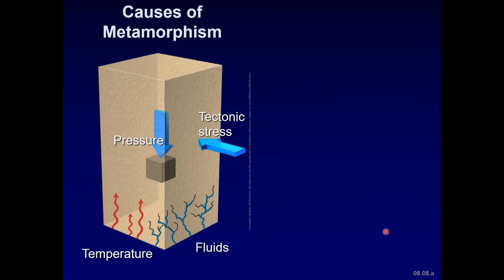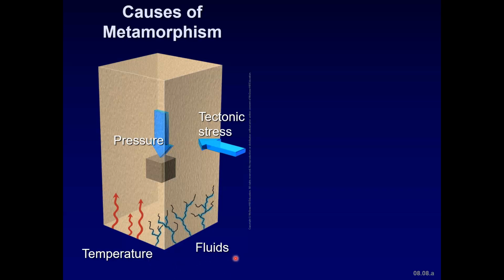Okay, so what are the causes of metamorphism? Well, you need pressure. Higher pressures can compress rocks and cause some minerals to be unstable and others to be stable. Temperature, an increase in temperature weakens rocks and causes new minerals to grow. Or tectonic stress, that can cause rocks to move and deform internally.